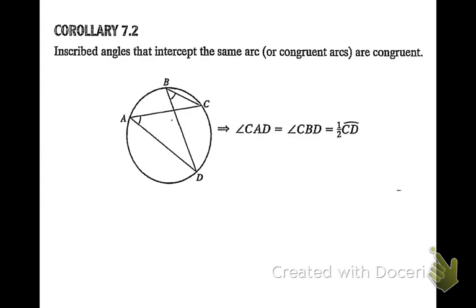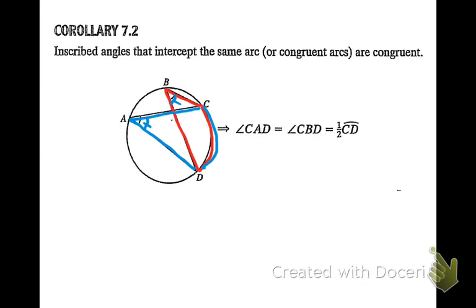So that's saying that we've got this arc CD is inscribed by both this angle and this angle, right? They both inscribe that arc. So these two angles are going to be congruent. B and A. Angles CAD and CBD both equal half of arc CD. Right?